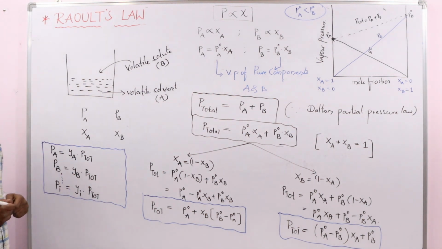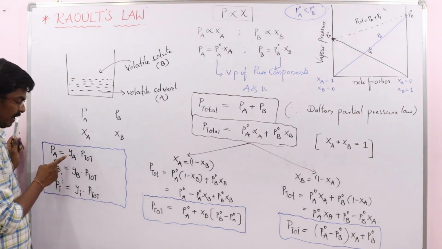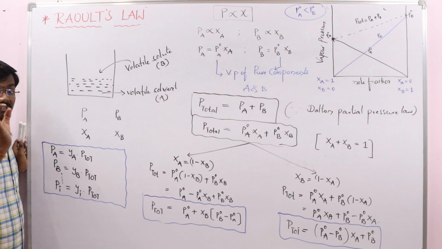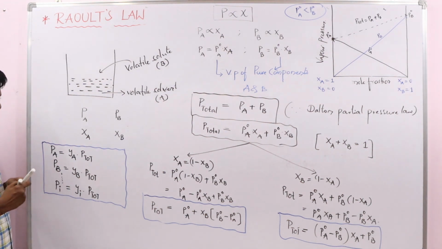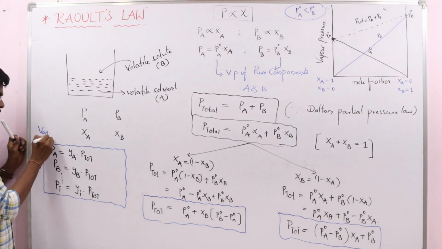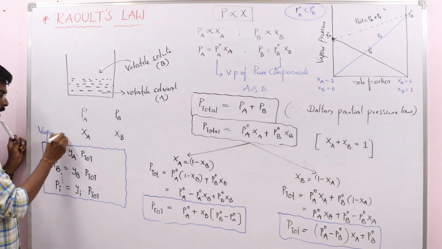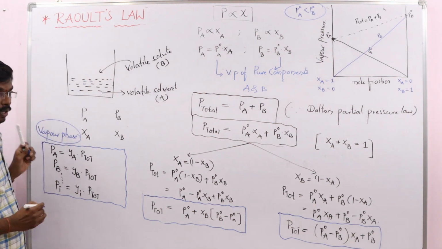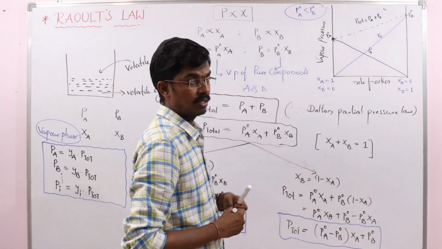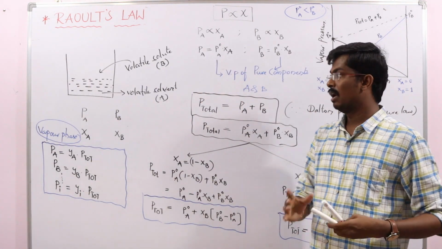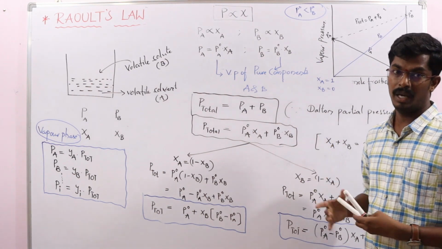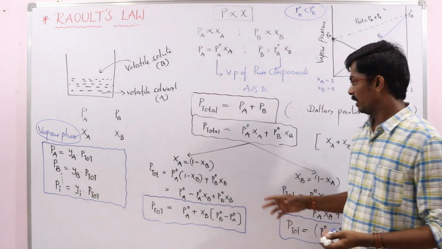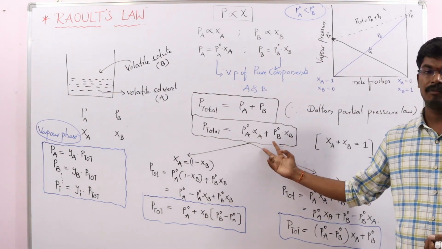What are YA and YB? They are the mole fractions of components A and B in the vapor phase. So when a question comes on this relationship, you must observe whether it asks for the mole fractions of components in the liquid phase or in the vapor phase. YA, YB are in the vapor phase, and XA and XB are in the liquid phase.